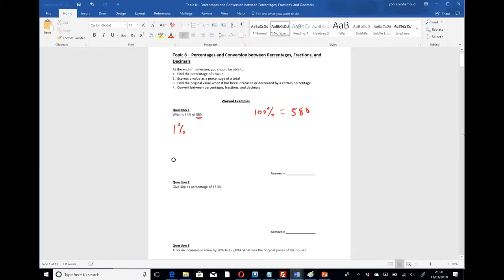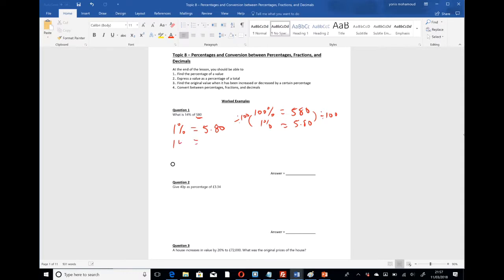So to find 1%, you simply divide by 100. So 1% of 580 is simply 5.80. You just jump 2 decimal places.